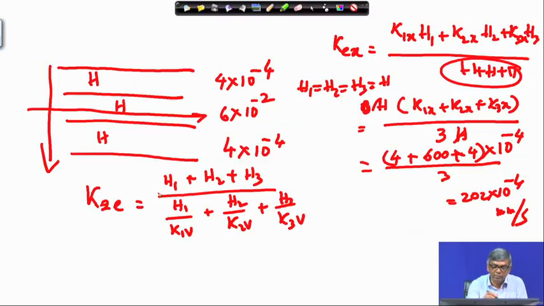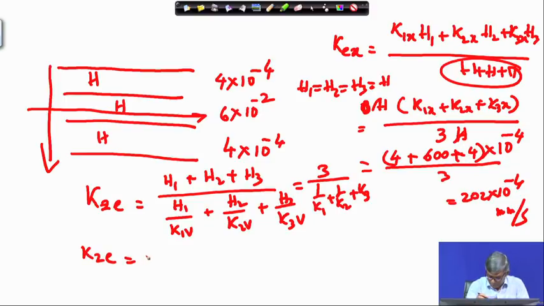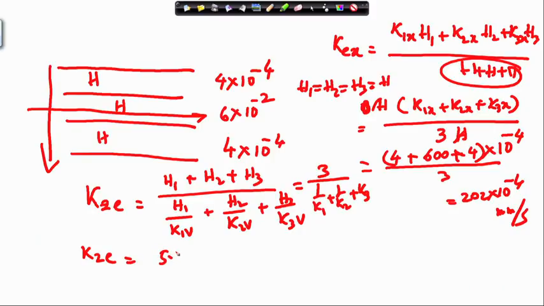Since they are all equal, this equation can ultimately be converted to 3 divided by 1 by k1 plus 1 by k2 plus 1 by k3. So kz becomes 3 divided by this, and if I do this, finally your kze becomes 5.988 into 10 to the power minus 4 centimeter per second, as it is given.